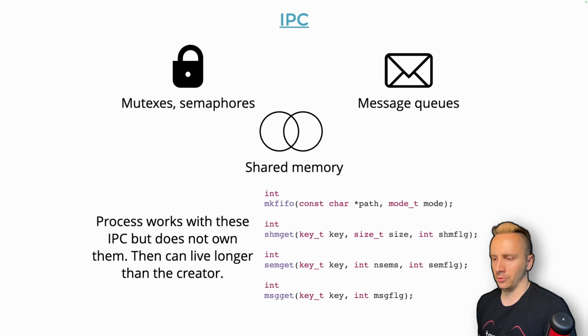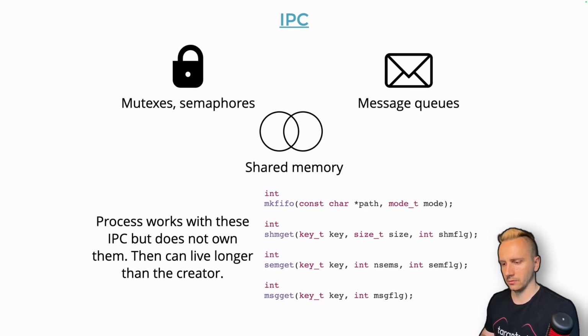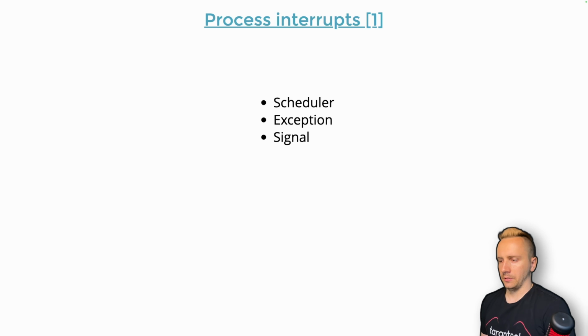The IPC objects also belong to the process, or the process might be referencing them, but we will not be able to dive into that right now. It's a big topic. For that we have a separate lecture as well. Here the process resources overview is completed to the degree we were able to complete it with our current knowledge. Next, I will shortly tell you about process interrupts.